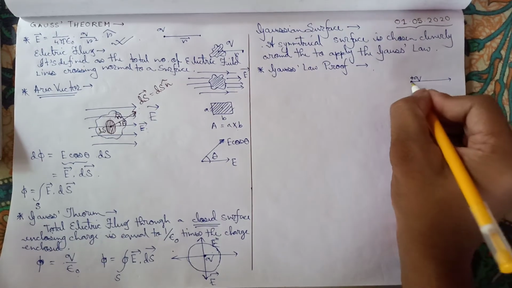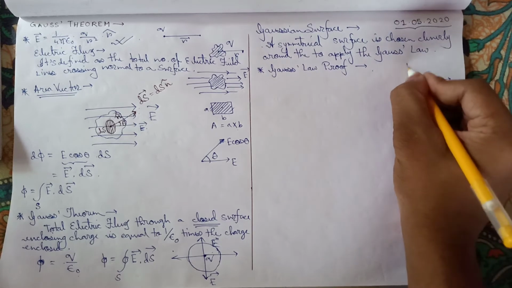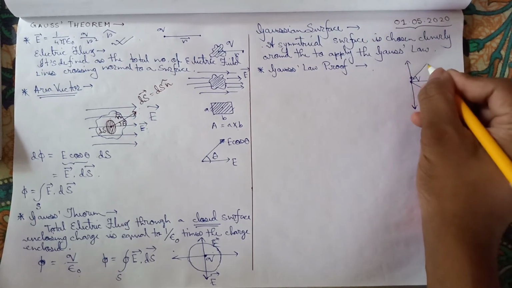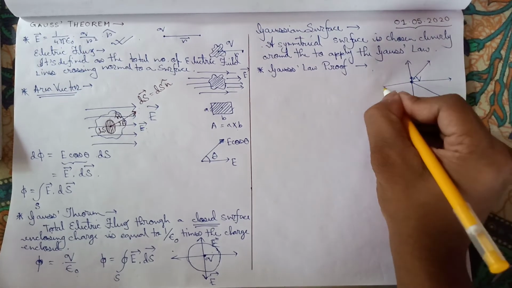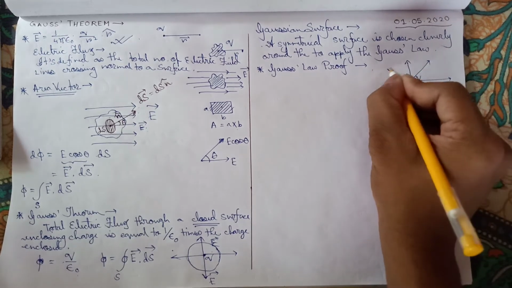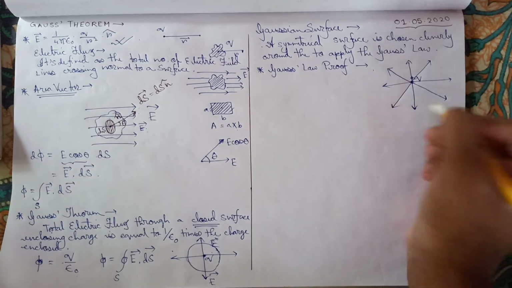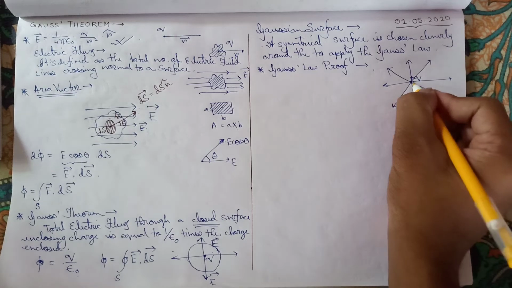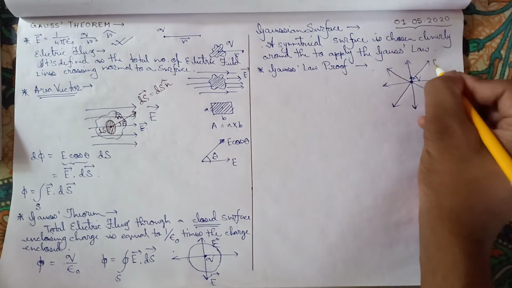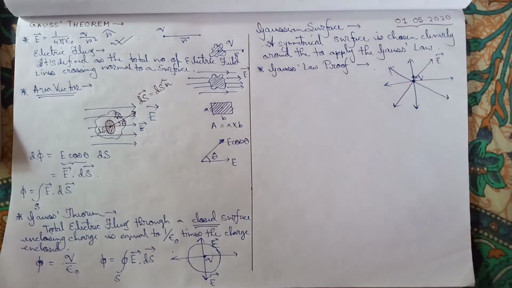They will go in each and every direction towards infinity, because we have no idea where the infinity is. It will be in all directions. So look at the directions. We can say these electric field lines are radially symmetric or spherically symmetric.